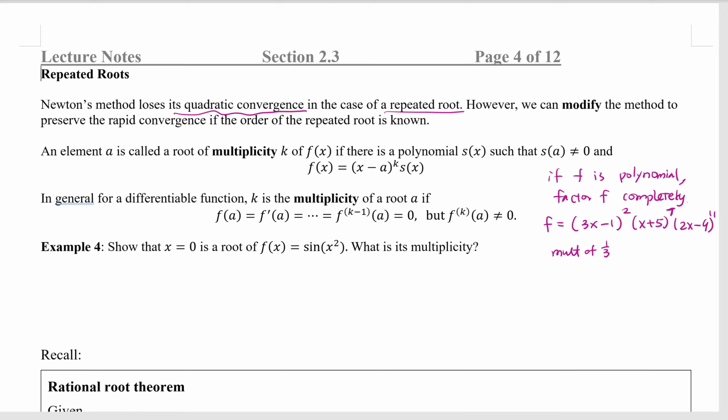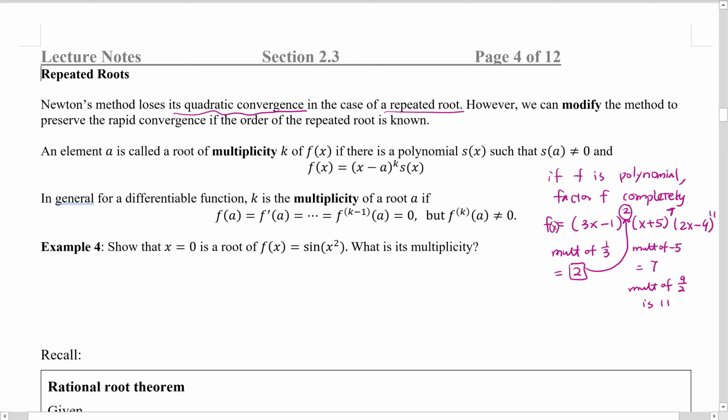Multiplicity of the root 1/3 equals 2. So 2 is the number of copies of the corresponding factor. Okay? The multiplicity of this root -5 is 7. The multiplicity of the root 9/2 is 11. It's the number of copies of the corresponding factor in the factorization of f.